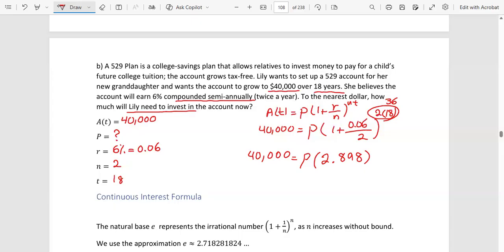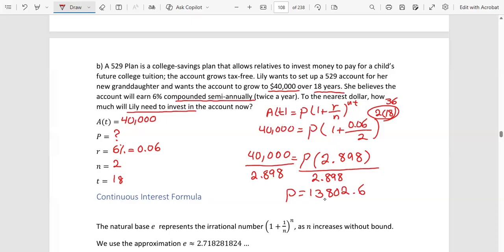Okay, now we want to find the P. That means we want to isolate the P. So we have to get rid of the number in the parentheses. So I have to divide both sides by 2.898. And P must be equal to 40,000 divided by 2.898. So the answer is 13,802.6.